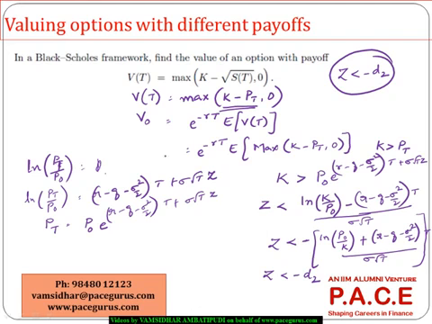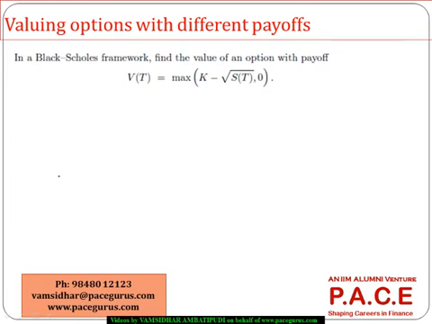So now I'll go ahead and find the integration. What is the price of my put option? I'll take it as e^(-rT) divided by square root of 2 pi. I'm trying to integrate for Z less than minus d2, so minus infinity to minus d2 is what I'm taking.